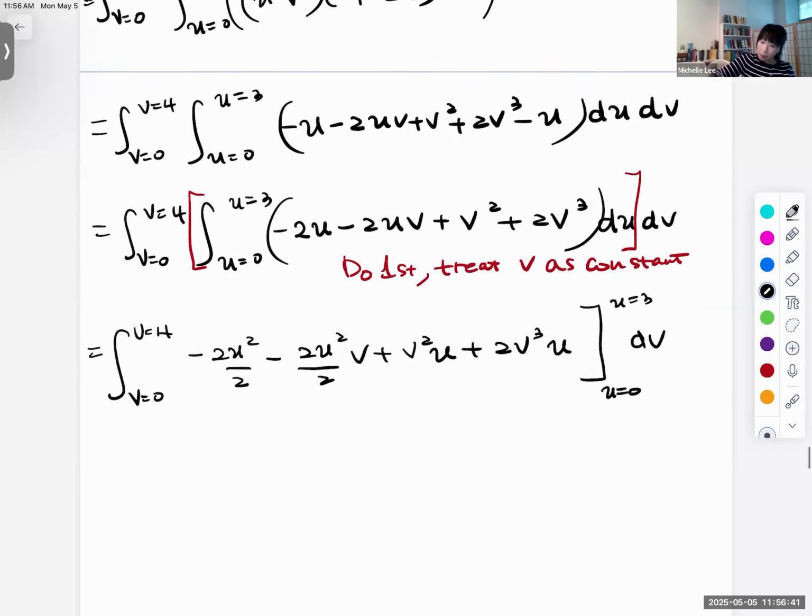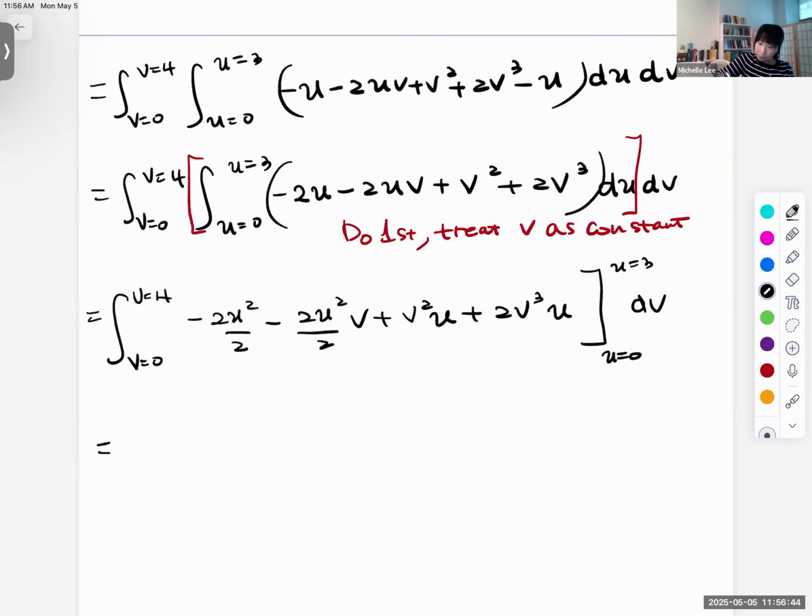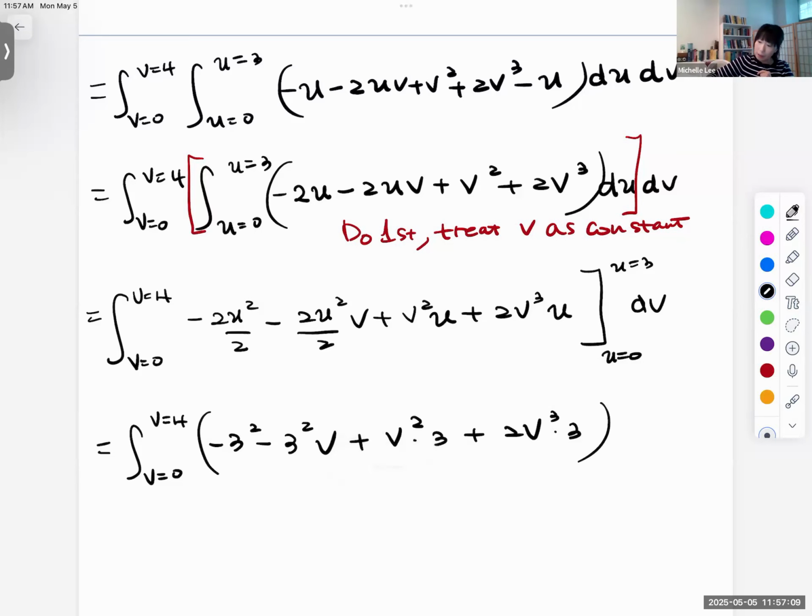So negative 3 squared, 3 squared as well, and v plus v squared times 3 plus 2v to the third power times 3, and the rest is 0, dv.